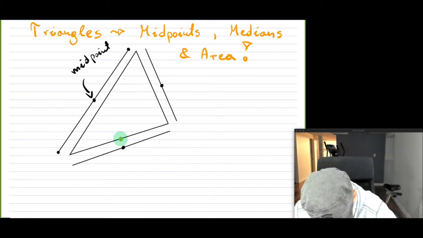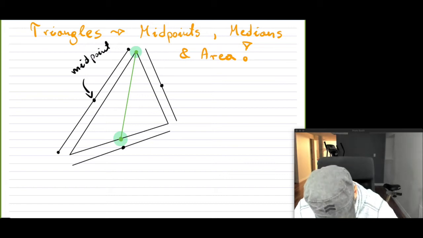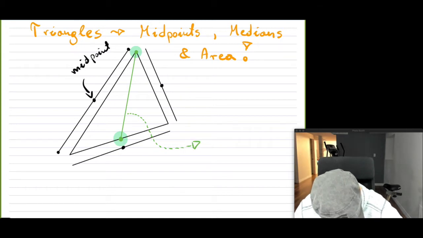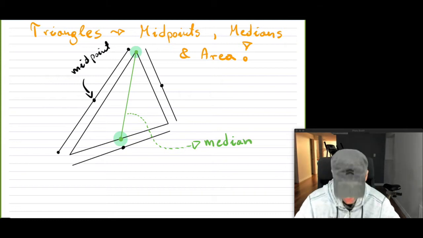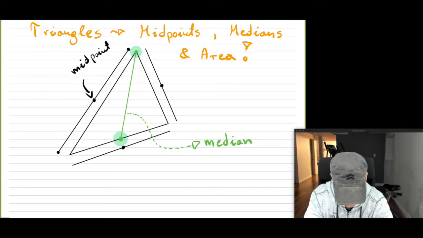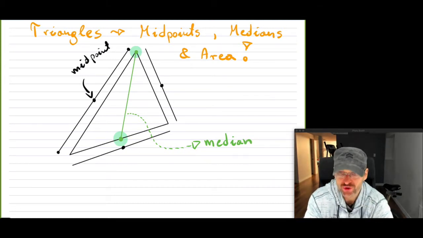If you take the opposite vertex, so let's say right here, and you connect the vertex to the midpoint of the opposite side, then this segment that you just drew is known as the median. So it kind of bisects our triangle in a way. And you can do that, of course, with any of the vertices.